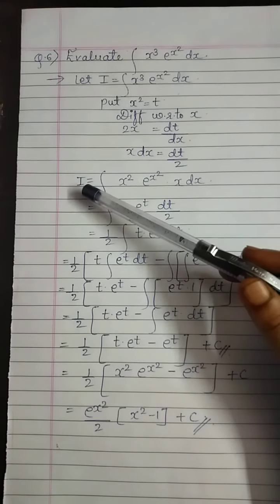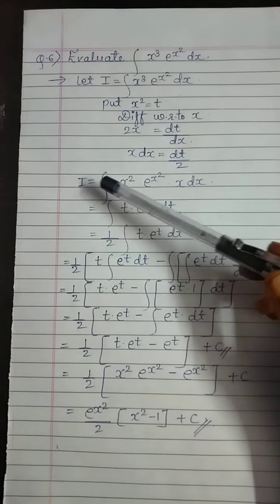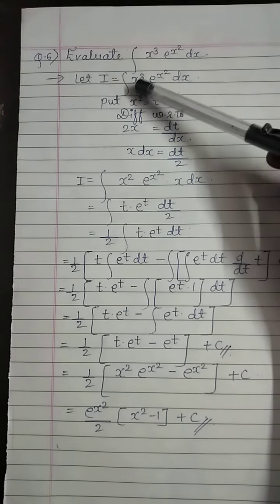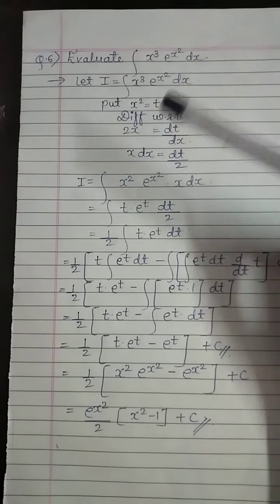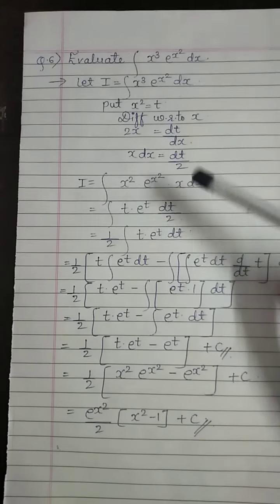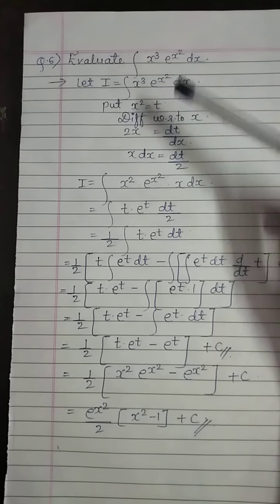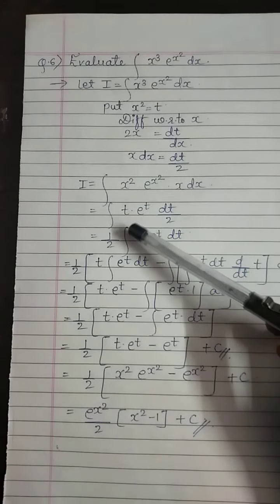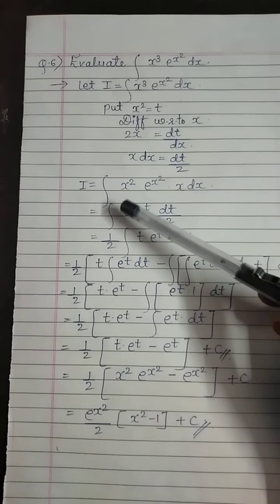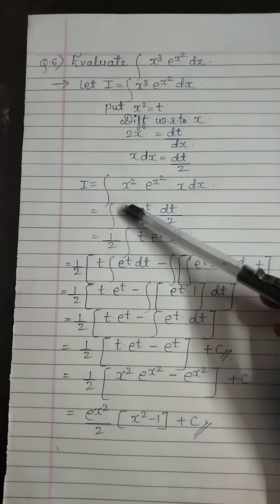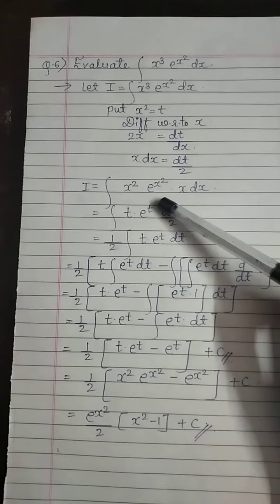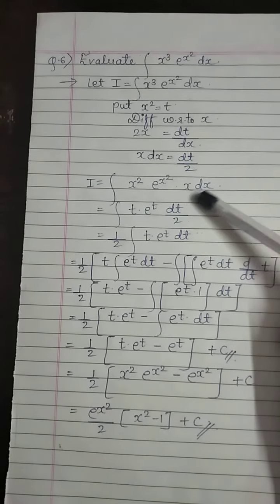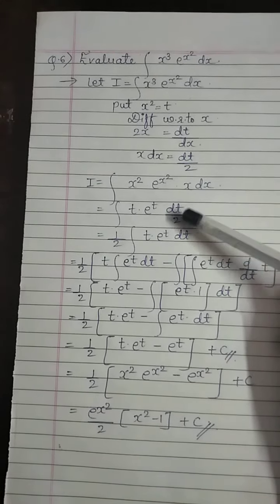So the integration I we can write as integration of x square, here x cube is given, that x cube we will write like this, x square into x, and e raised to x square dx as it is. Now substituting t in the given integration, we will get integration of t into e raised to t dt by 2, because this entire term is nothing but dt by 2.